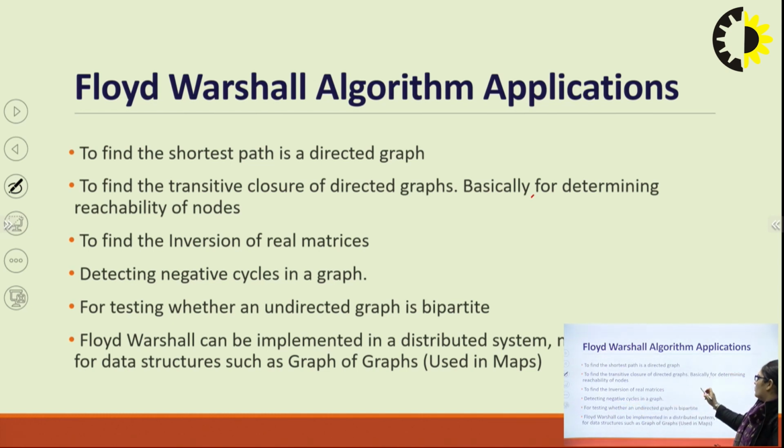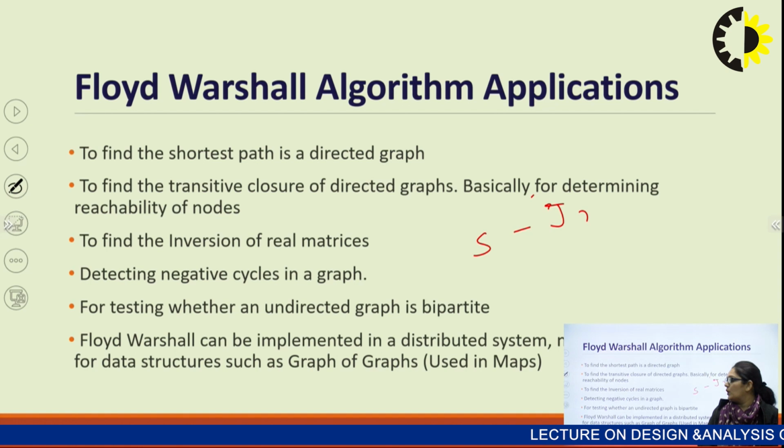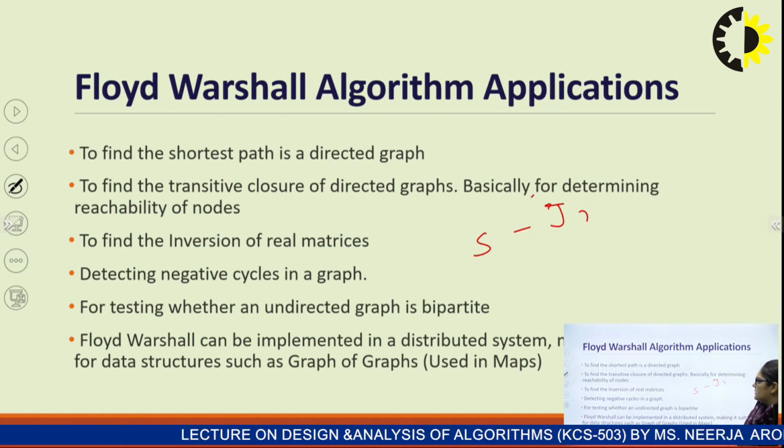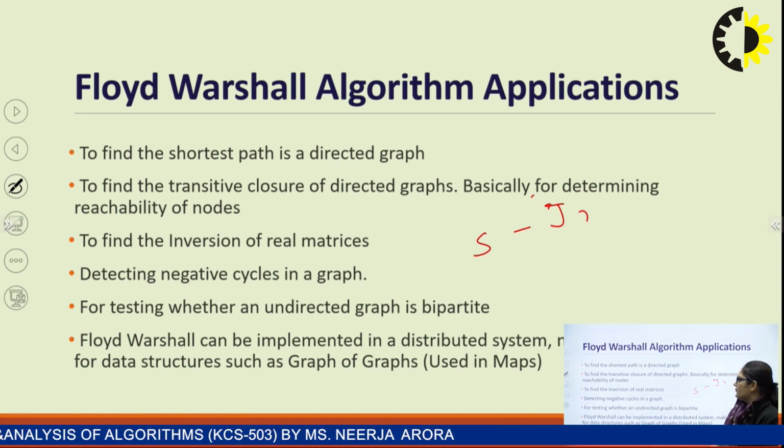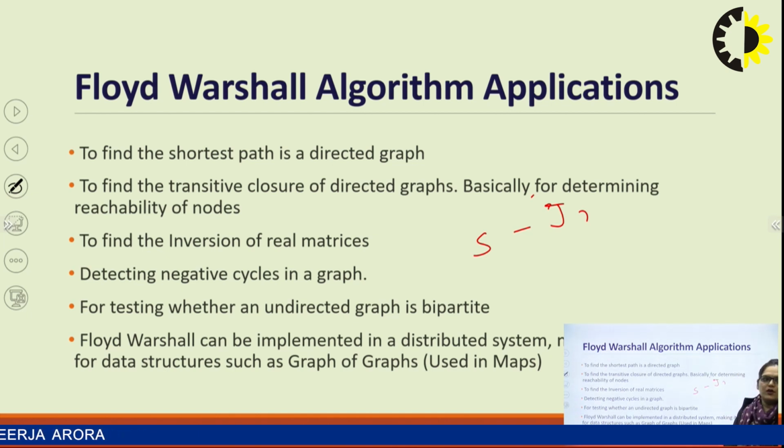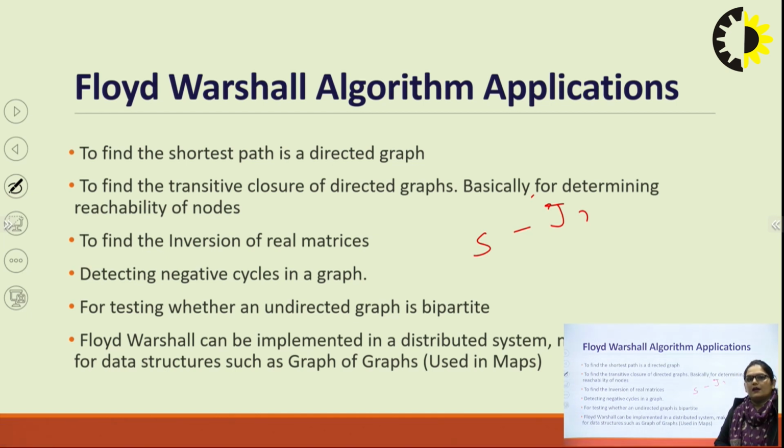It means if you have to check whether there is any path from the source node S to any destination node, suppose J, then we can find that using the Floyd-Warshall algorithm. It can also be used to find the inversion of real matrices. We can also use the Floyd-Warshall algorithm to detect negative weighted cycles in a graph, and it can also be used for testing whether an undirected graph is bipartite or not.